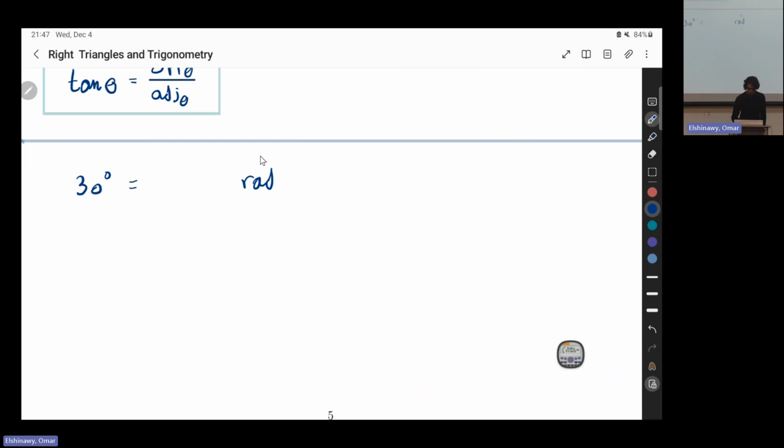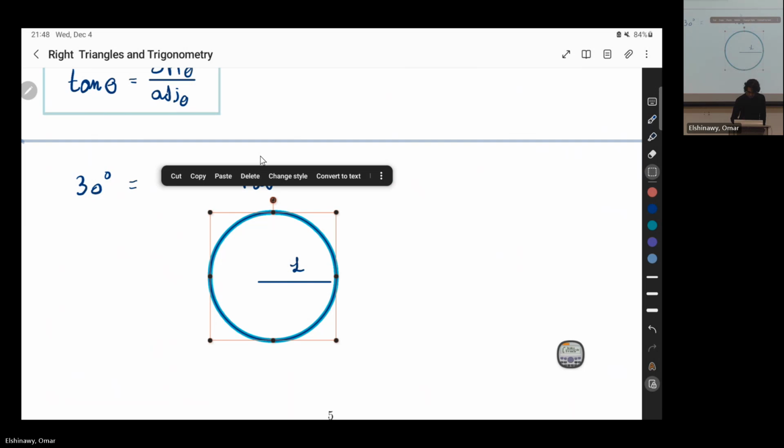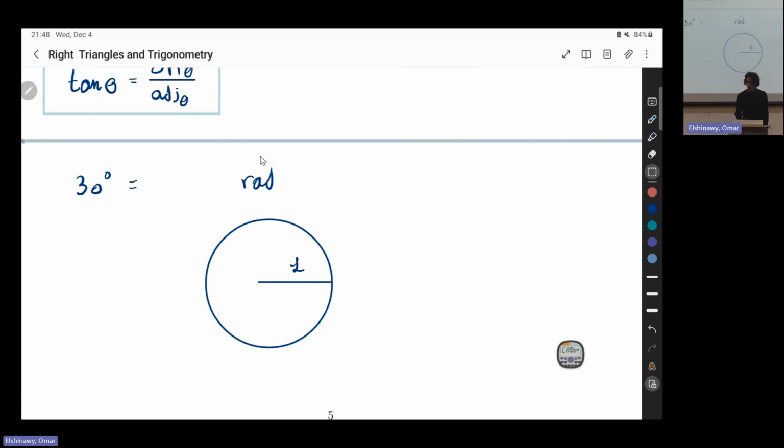So what is a radian? Let's take a circle which has a radius of 1. Right? And can you tell me what the circumference of this circle should be?